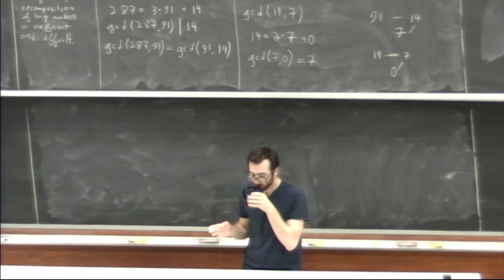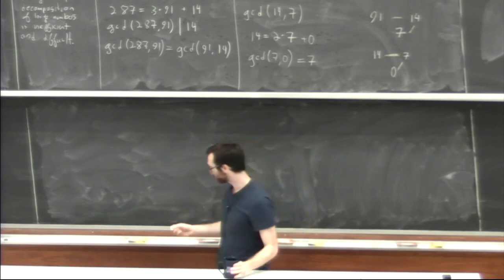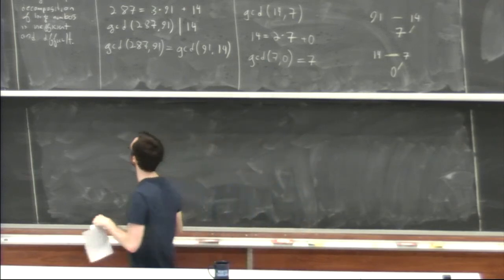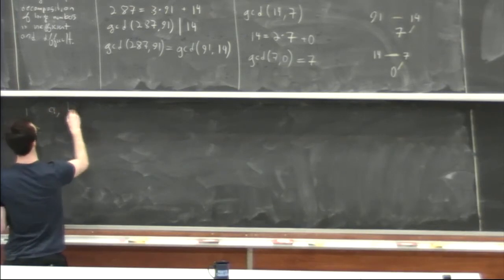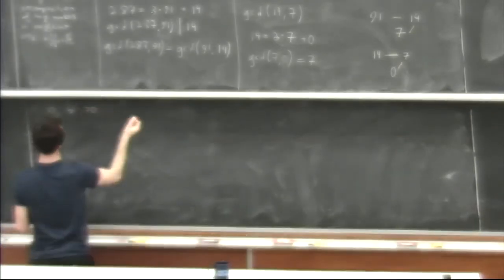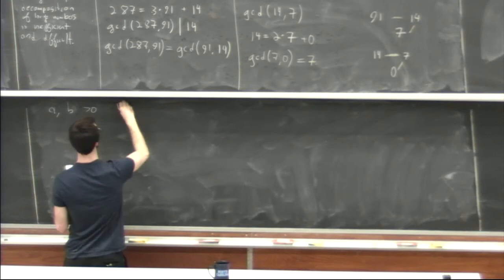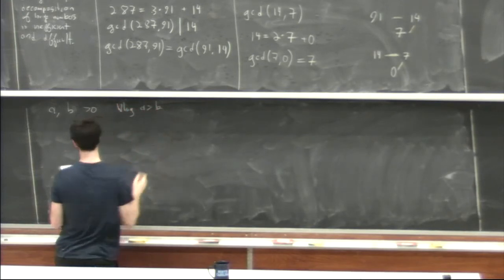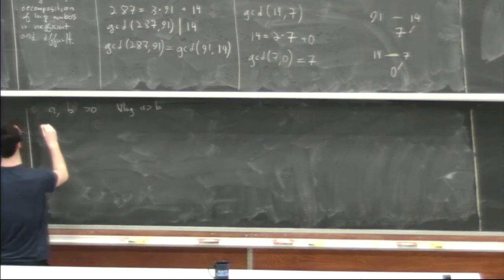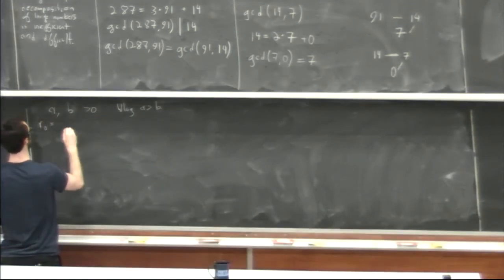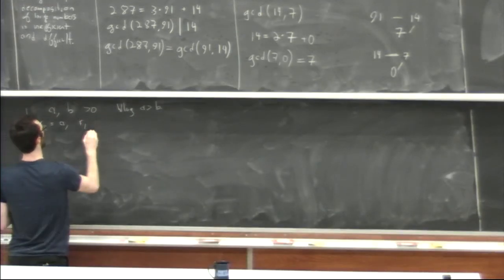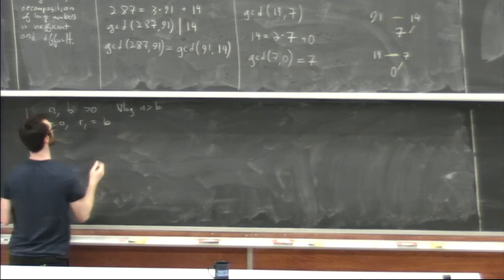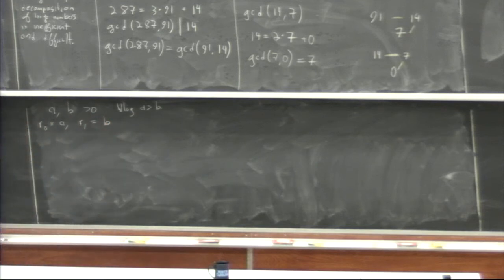So now, let's suppose that A and B are positive numbers, such that, let's say, without loss of generality, A is greater than B. Then what we do is we set R0 is equal to A, and R1 is equal to B. And then we just run the division algorithm.